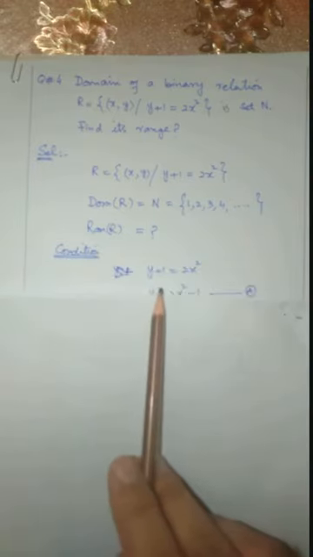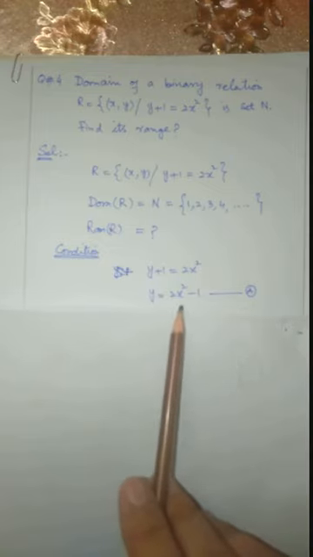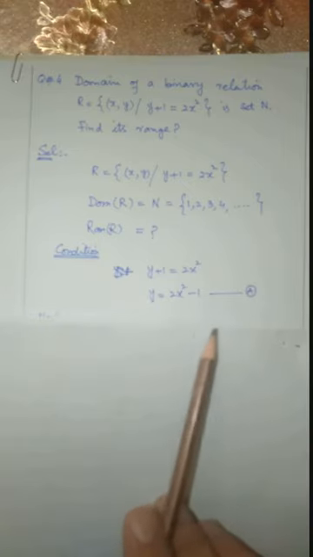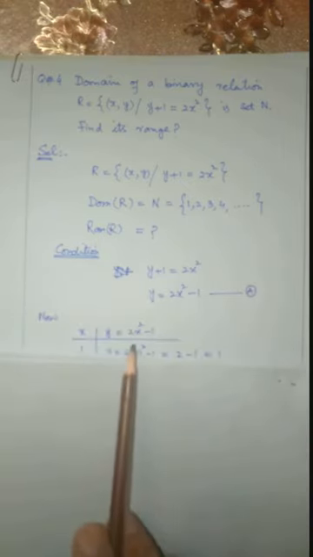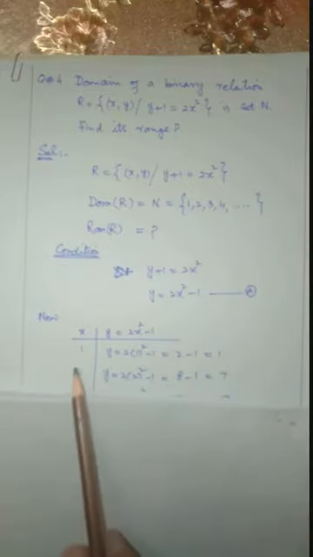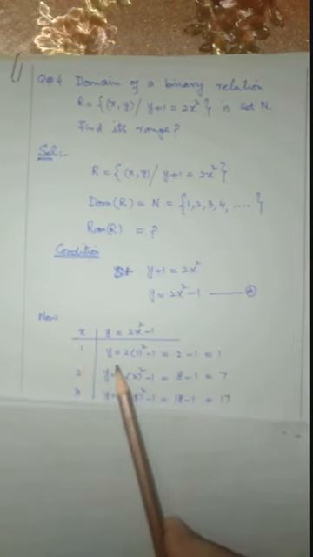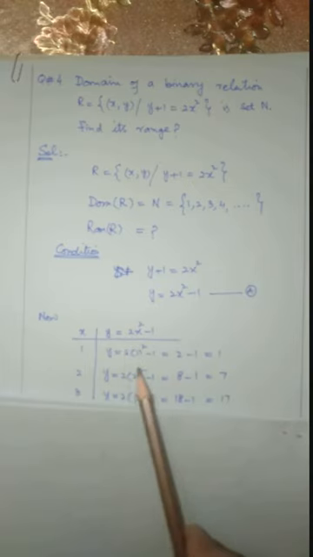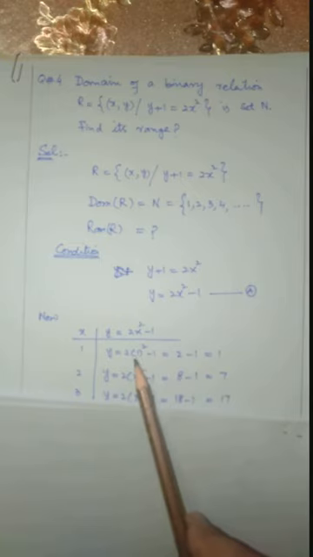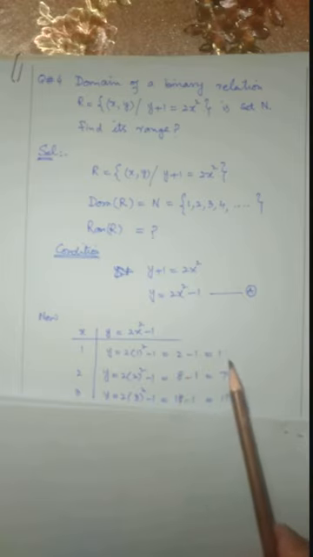The condition is given: y + 1 = 2x². So y = 2x² - 1. This is shifted to the right hand side, and this is called equation A. Now the values of x are already given, which are 1, 2, 3, 4. When the value of x is 1, putting it in equation A: 1 squared is 1, times 2 is 2, minus 1 is equal to 1.